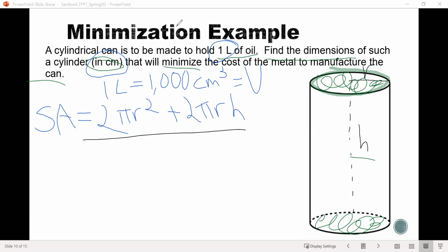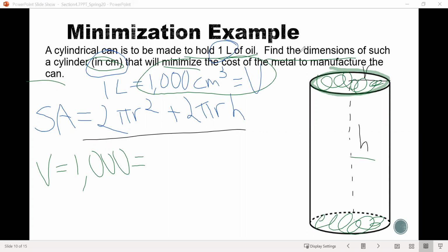So I want to somehow write this formula in terms of a single variable. And to do that, we can use this information about the volume we have up here. So notice we have that the volume of the can is 1,000 centimeters cubed.